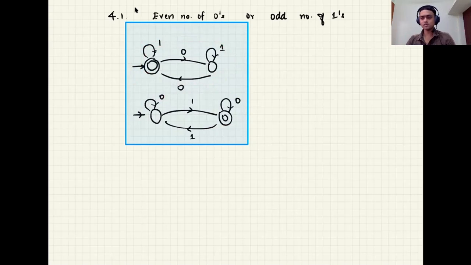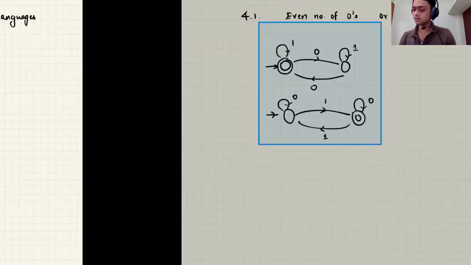Any questions so far? Can you say yes if you understood this automaton?